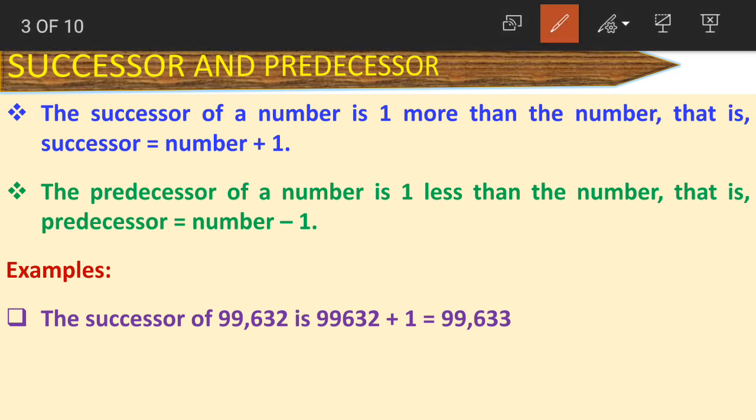First comes successor. Now what is a successor? Successor of a number is one more than the number. That is, successor is equal to number plus 1.